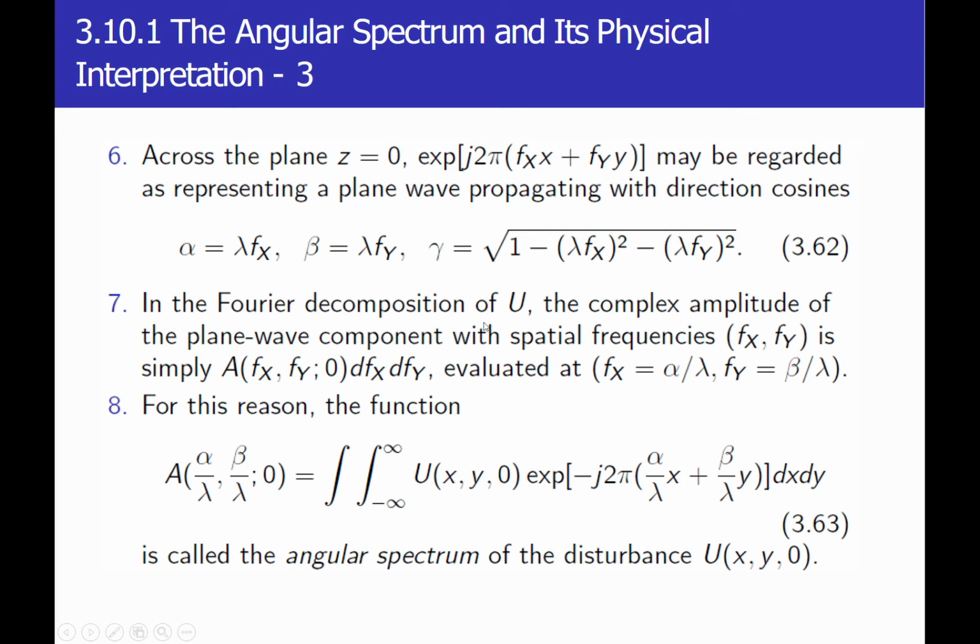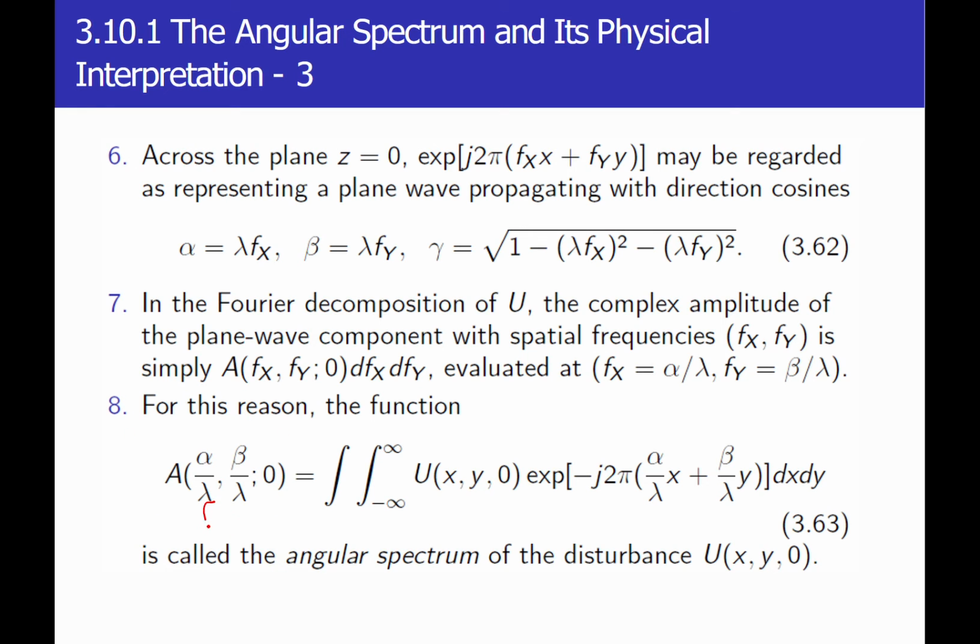In the Fourier decomposition of U, the complex amplitude of the plane wave component with the spatial frequency is this one, evaluated at this one. For this reason, the function represented in this integral form is called the angular spectrum of the disturbance u(x,y,0).